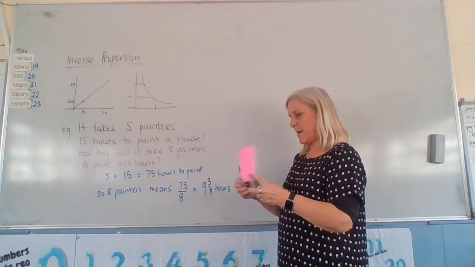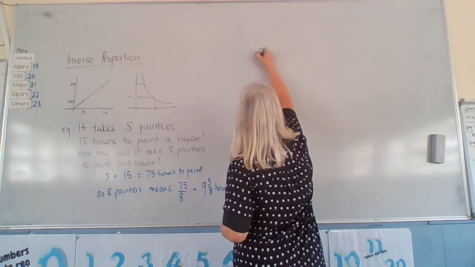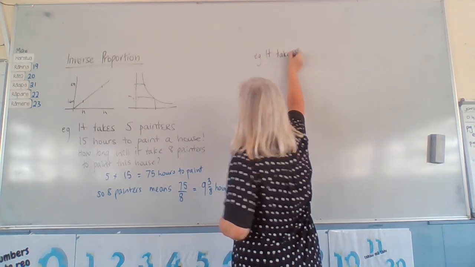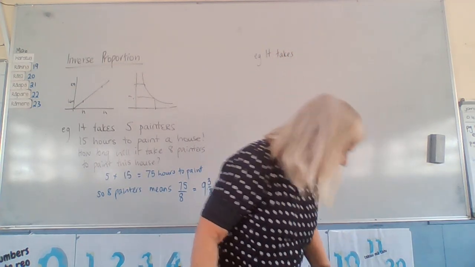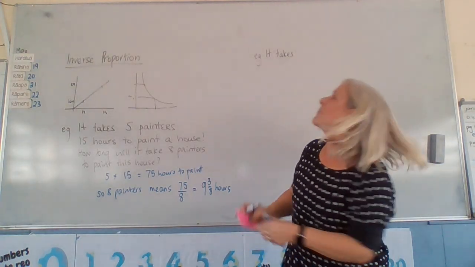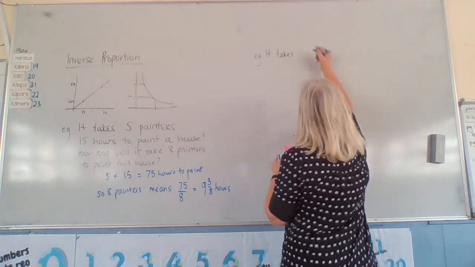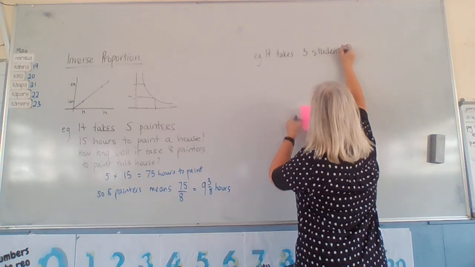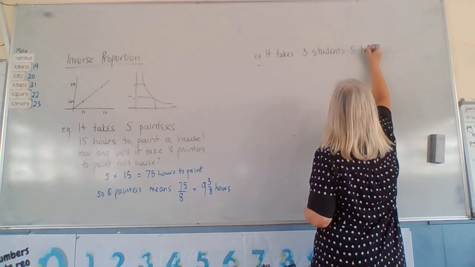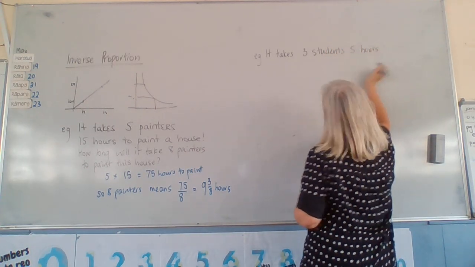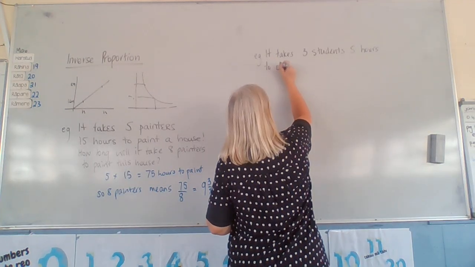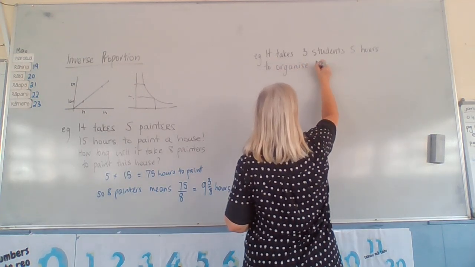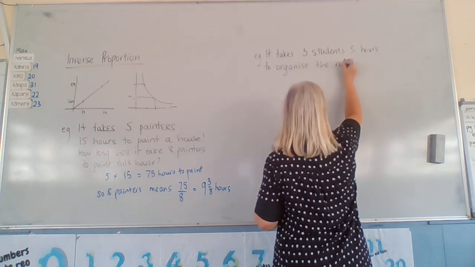So, it takes 3 students 5 hours to organise the roses for Valentine's Day.